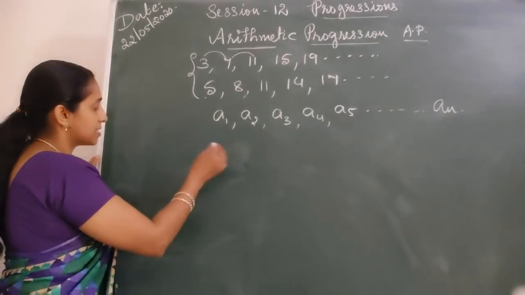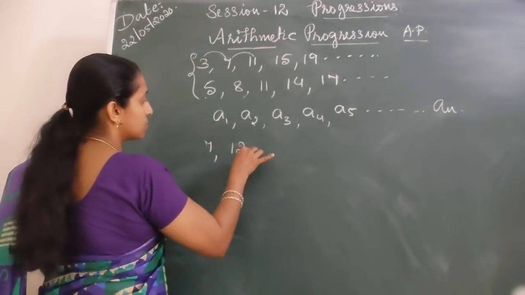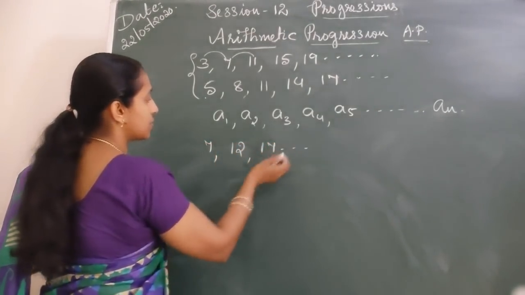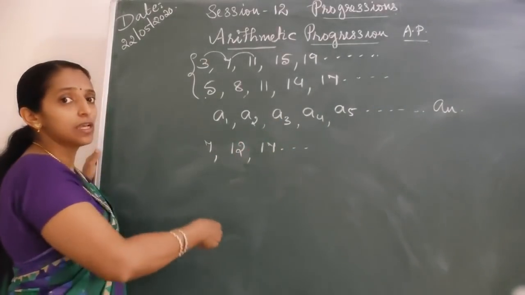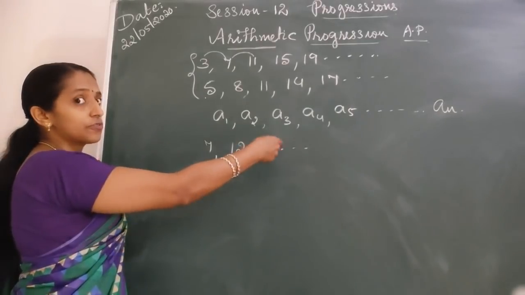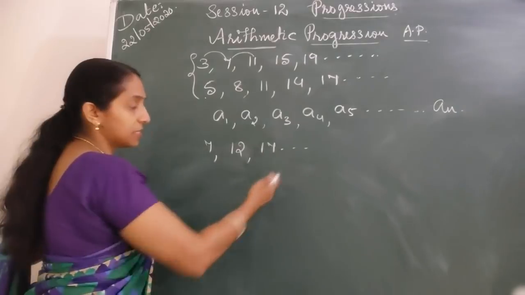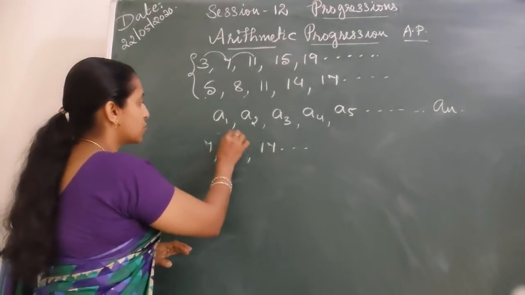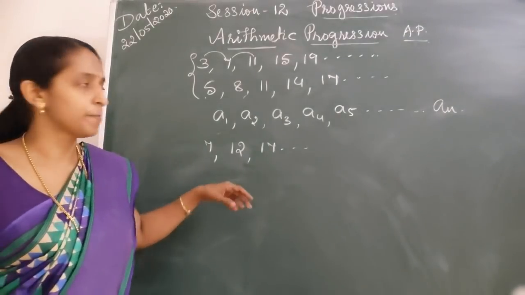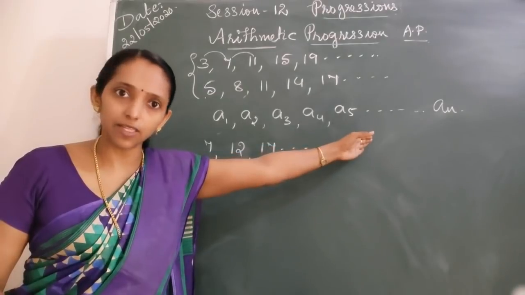If you are given a sequence 7, 7 plus 5 which is 12, 17, etc., you know how to fill up the remaining 5 terms. Because there is a common difference between these numbers, the common difference is 5, you will add 5 to the preceding number. You can fill up this sequence.